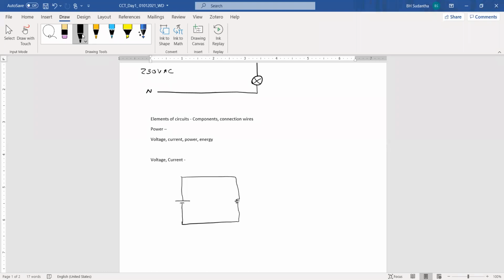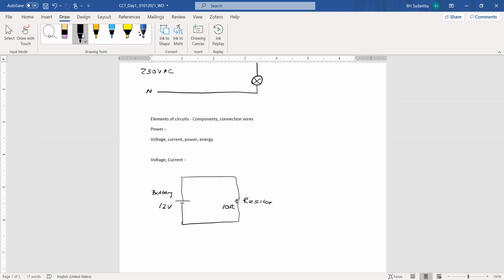Now, this is a battery. Okay, it's a battery, and this is a resistor. You can put certain values here. The battery may be 12 volts. The resistor may be 10 ohms.